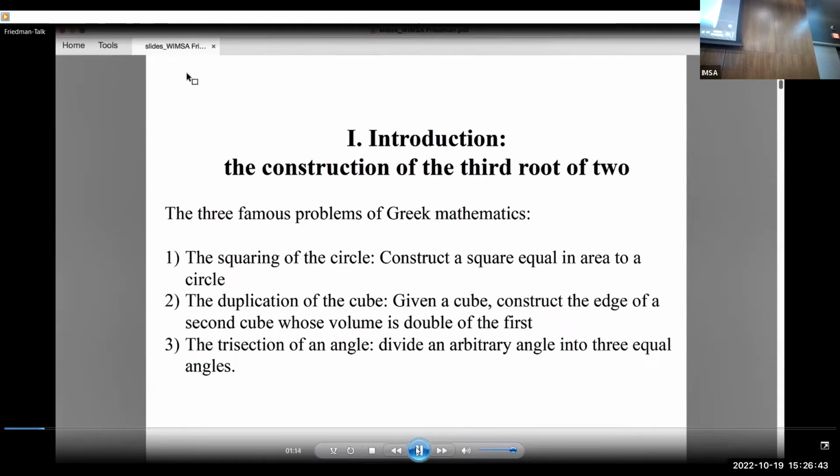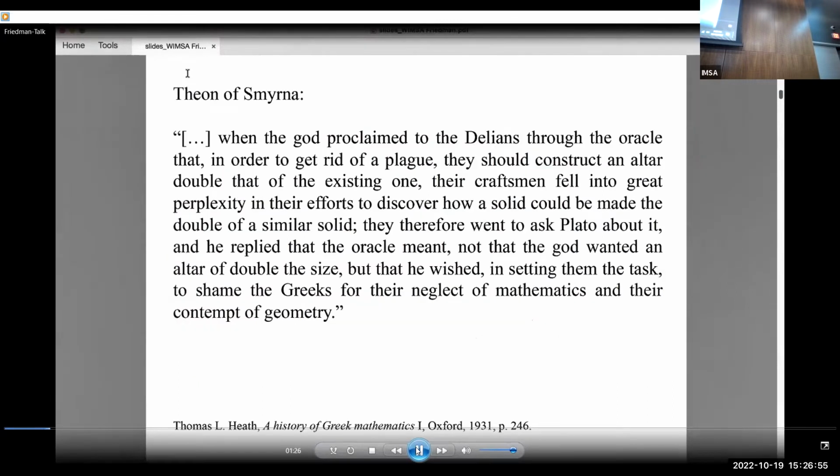Thank you very much. On the second problem, the duplication of the cube, I want to present shortly how the problem was presented in one of the accounts, particularly the account of Theon of Smyrna. When the god proclaimed to the delegates through the oracle that in order to get rid of a plague, they should construct an altar double that of the existing one, their craftsmen fell into great perplexity in their efforts to discover how a solid could be made the double of a single solid.